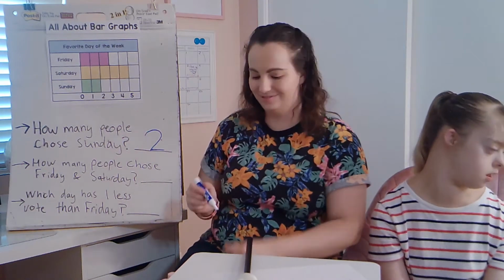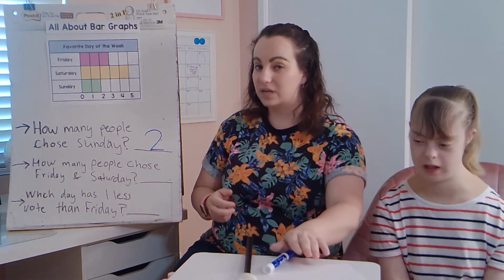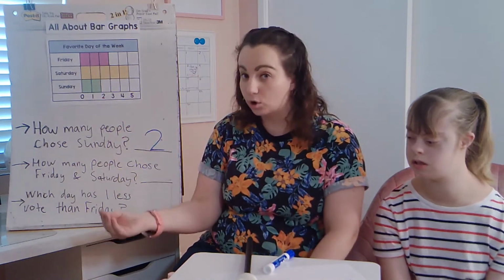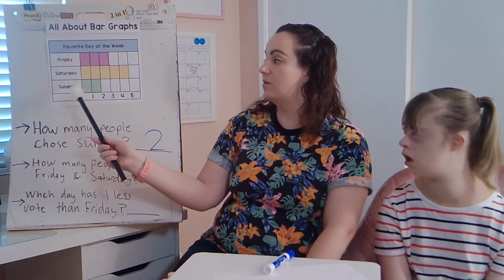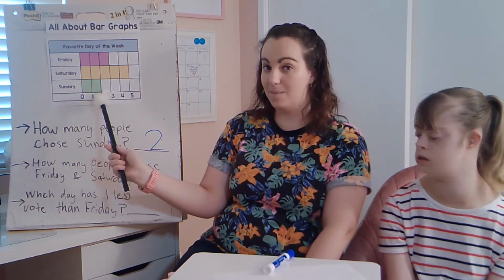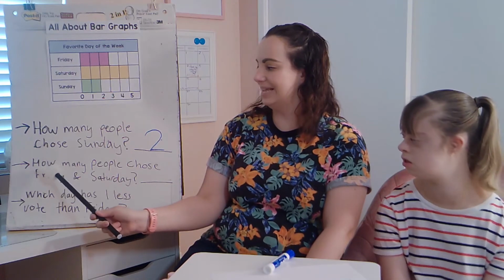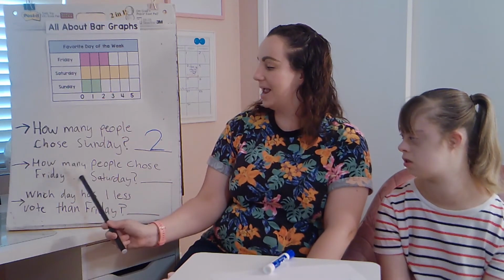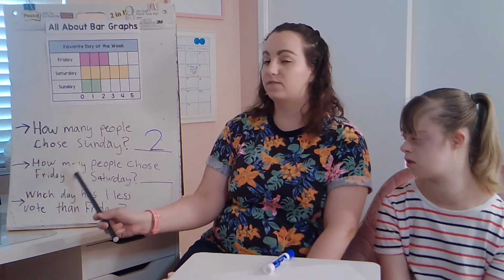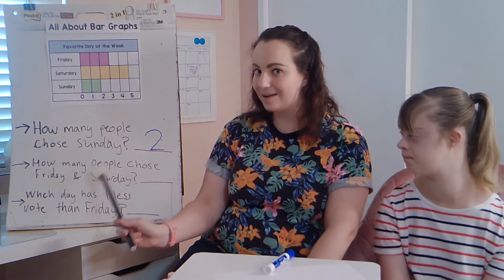Awesome. Those types of questions, how many people chose something, you find what they're asking for, count how many. Let's look at the next type of question. It says, how many people chose Friday and Saturday?